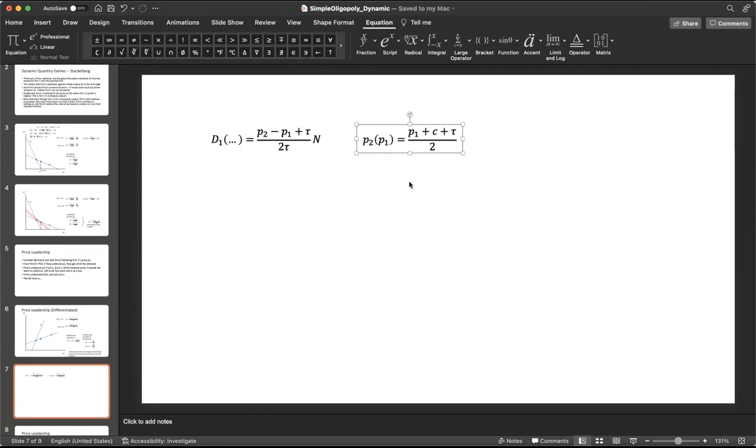So, like we discussed earlier, firm 1 is the leader. And if it sets P1 equal to some number, then it knows that firm 2 will just set its own price based on this one. So you just put it in here again. Because your demand here is a function of P2 and P1.